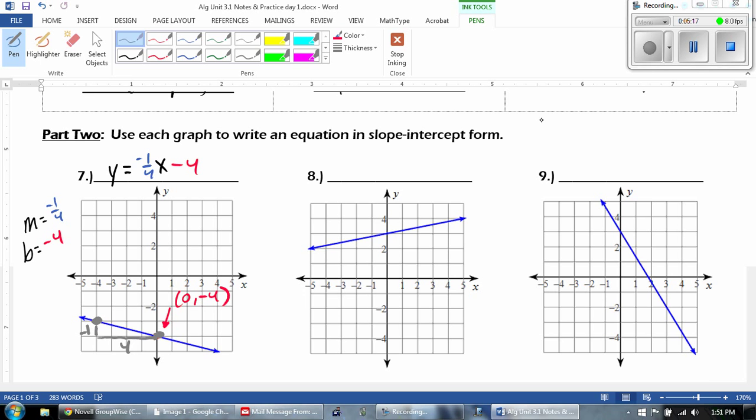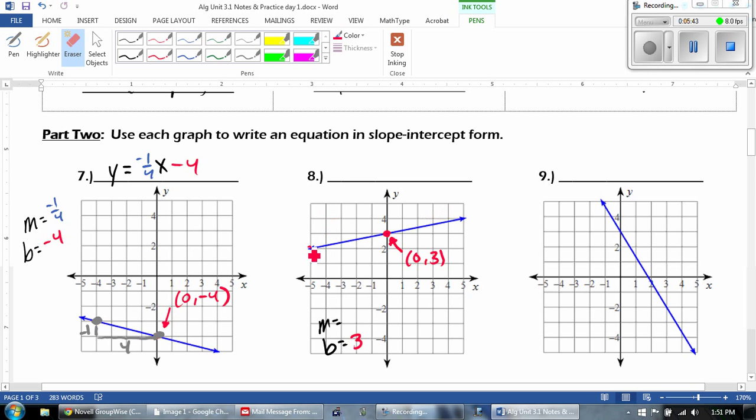Okay, so what we need to find is we need to find our slope, and we need to find the y-intercept. All right, y-intercept where it crosses the y-axis. Okay, that's (0, 3), so my y-intercept is 3. Now, I need to find another point, and you can't be like, nope, that's not a point.